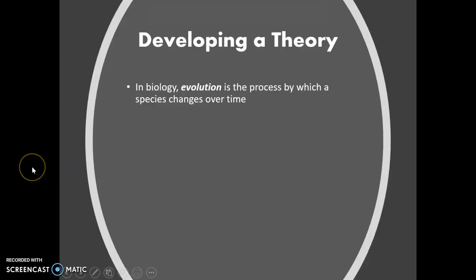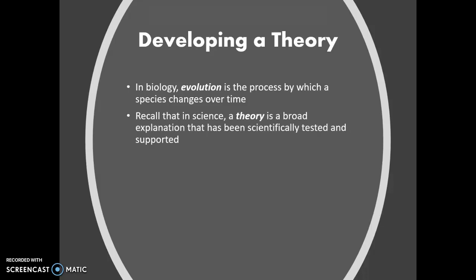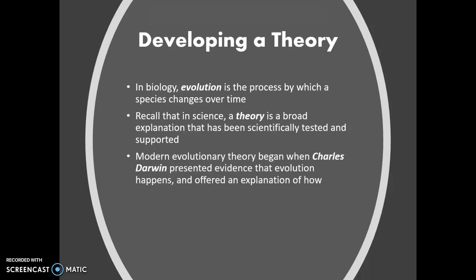All right, so when we talk about biology, we're going to be focusing on evolution for this part of the unit. So evolution is a process by which species change over time. If you remember what a theory is, it is a broad explanation that in some way has been scientifically tested and supported. Typically, it's supported within the scientific community.